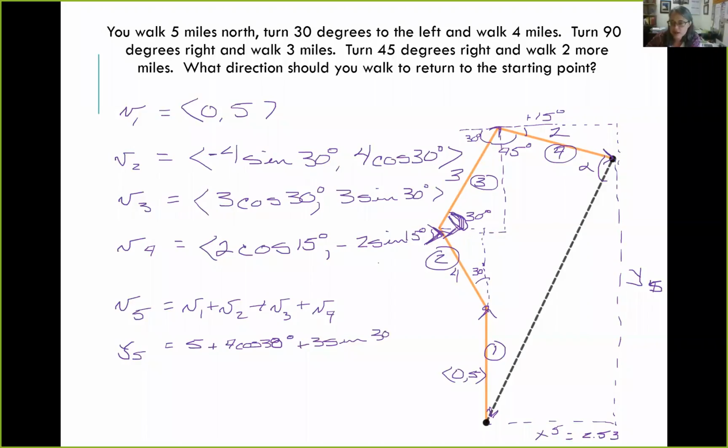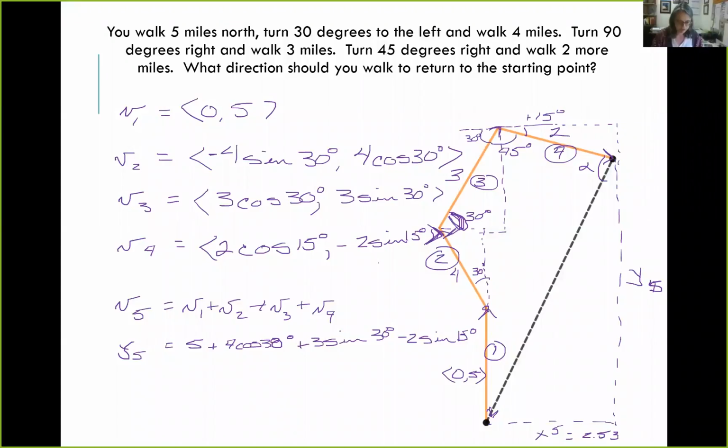And then we're going to subtract y4 because it's negative, so 2 sine 15 degrees. So 5 plus 4 times the cosine of 30 degrees plus 3 times the sine of 30 degrees.